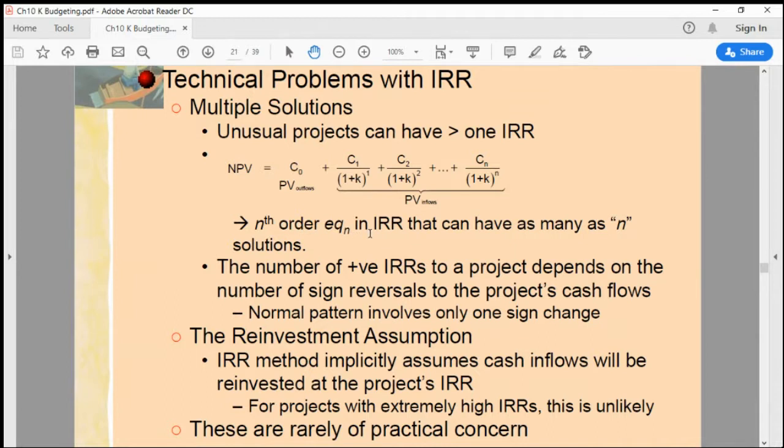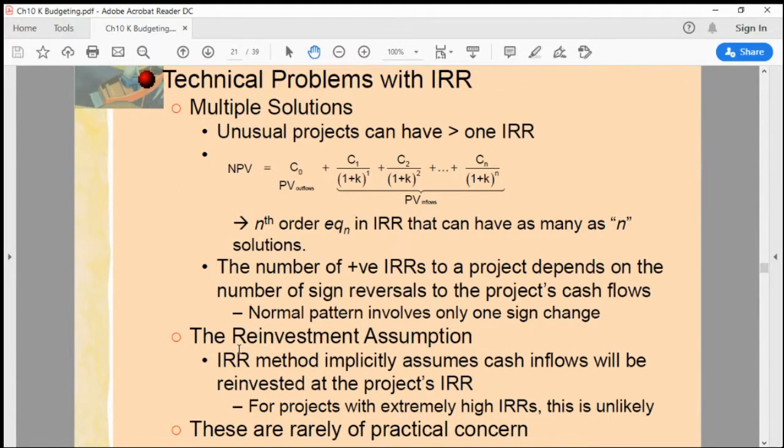Mathematically, in an nth order equation, think about a second order equation, or quadratic, there can be 2 x values, right? Third order equation, 3 x values, right? Now, if the order of the equation is in odd numbers, right?